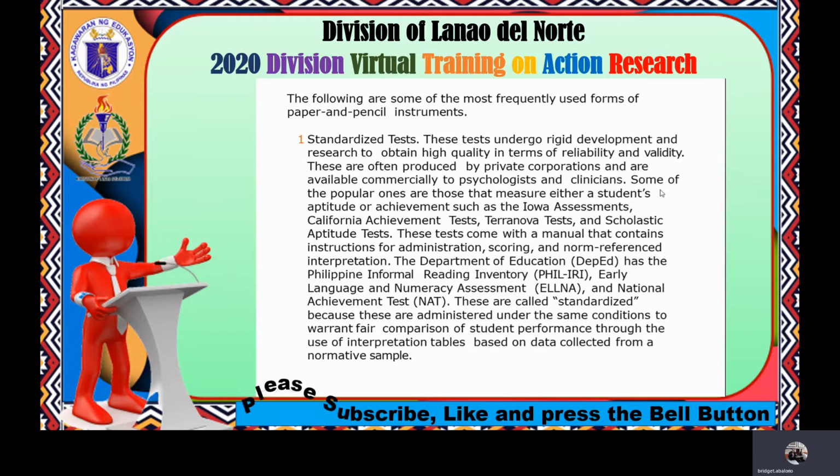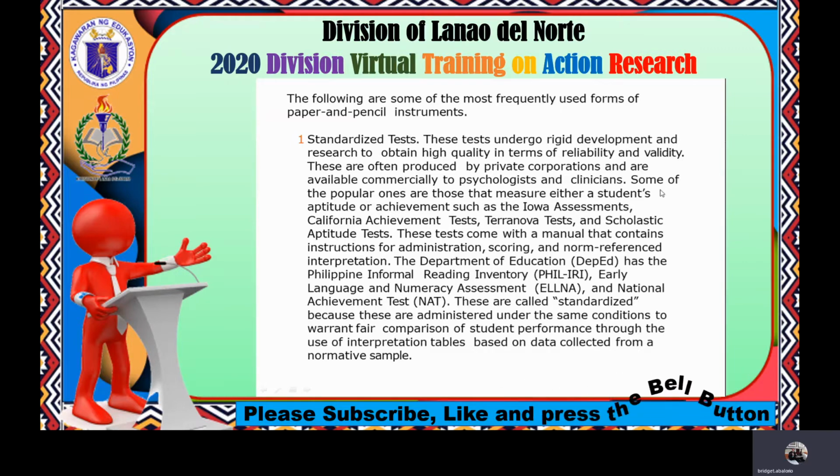In the Department of Education, we have the Philippine Informal Reading Inventory, PhilIRI, the Early Language and Numeracy Assessment, and the National Achievement Test, or the NAT. These three, we are using in assessing our pupils.